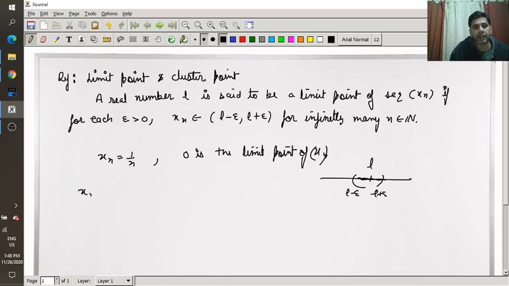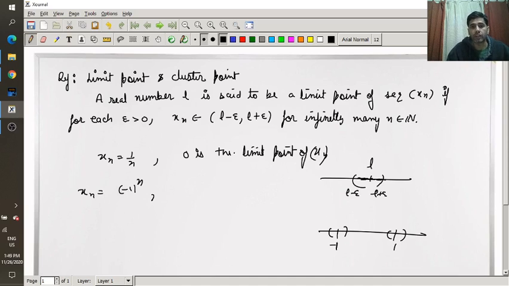For example, if I take xn equals minus 1 raised to power n, then you can see there will be no element, no real number of this sequence which lies in the neighborhood of minus 1, and there is no real number in the neighborhood of 1 also. But we are talking about terms of the sequence.